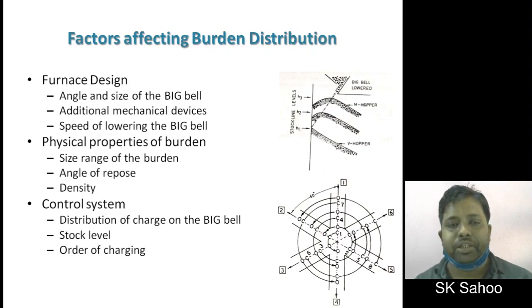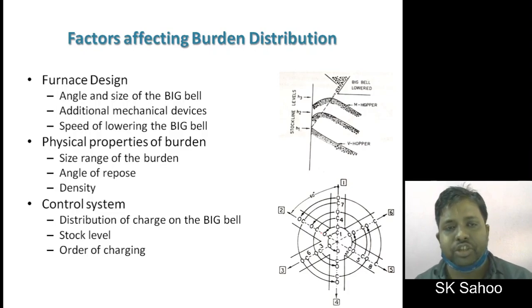Then the physical properties of burden, that means the size range of the burden, angle of repose, and the density. Size and size range means the particle size and the distribution of particle size. Generally, we consider minus 5 to 10 mm particles to be fines, which should be less than 5% as a raw material in the blast furnace.